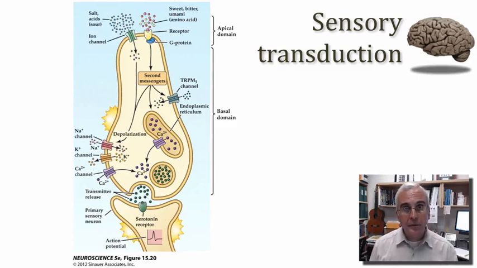There are tastant molecules that will induce these flavor perceptions, and those 5 basic categories are salt, acid or sour, sweet, bitter, and just in the last couple of decades, I think psychologists around the world have agreed that there's a 5th category that we call umami. And umami refers to the taste of monosodium glutamate and probably other related amino acids. It's derived from a Japanese word that means delicious.